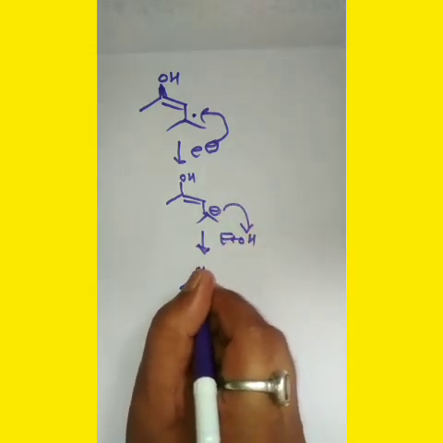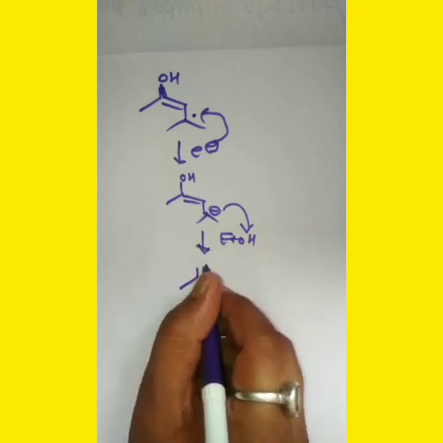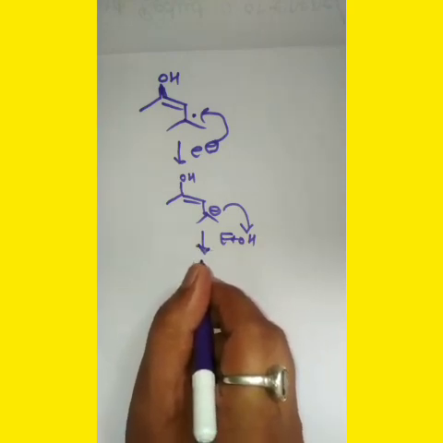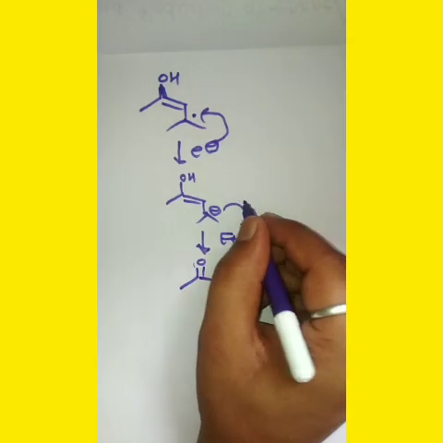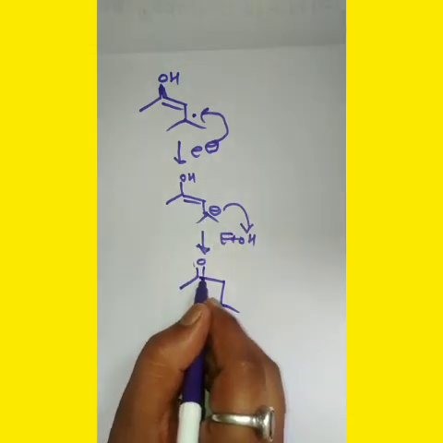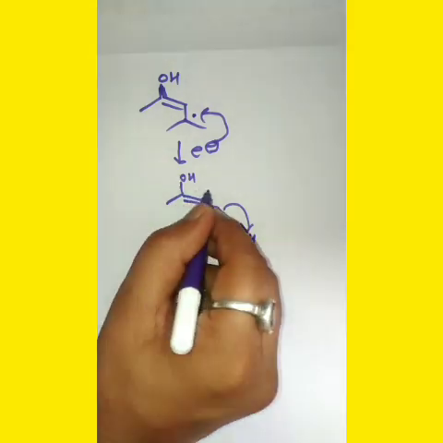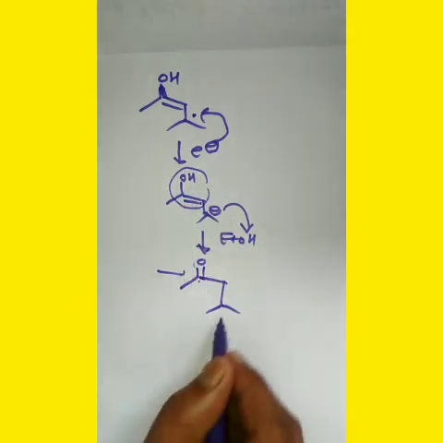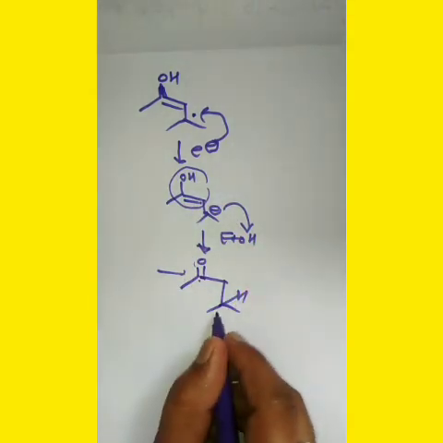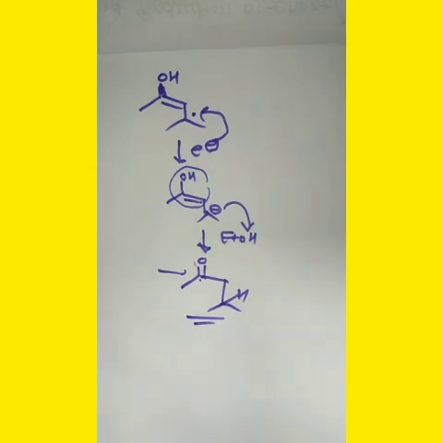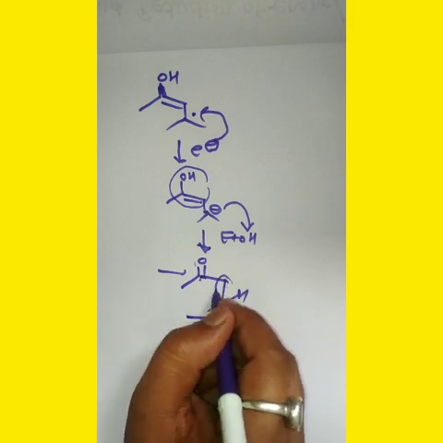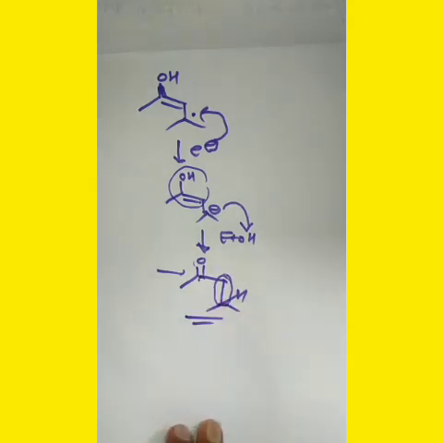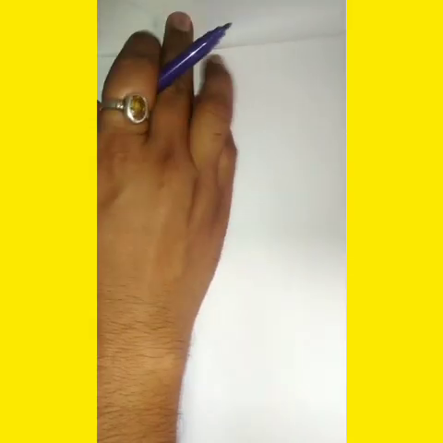So we get the final product like this one. We simply write the keto form of these groups. It is the keto form of the group, by abstraction of the proton. So in the case of alpha beta unsaturated systems, only the carbonyl group is intact and only the alpha beta unsaturated system is reduced. So now we move towards the reduction of alkyne.